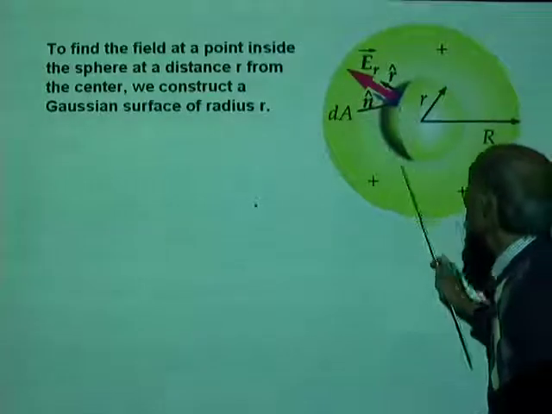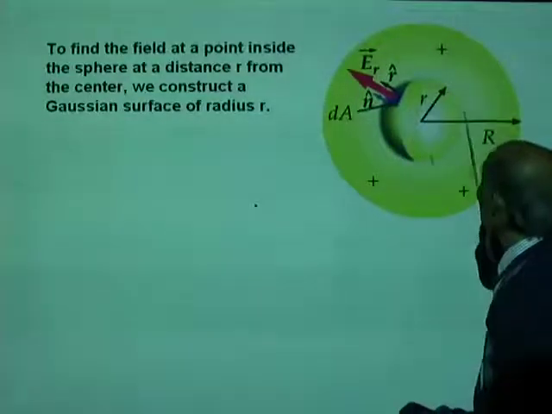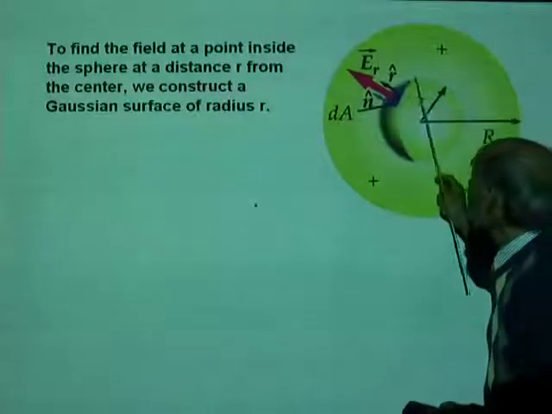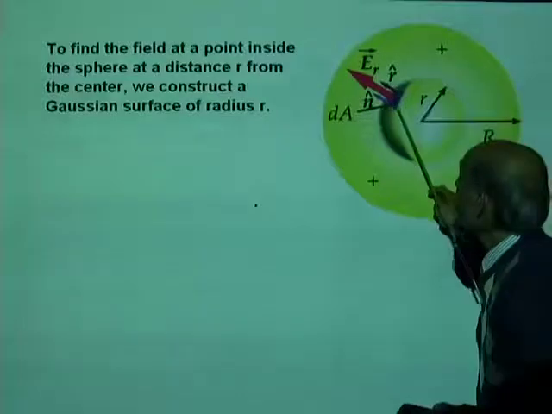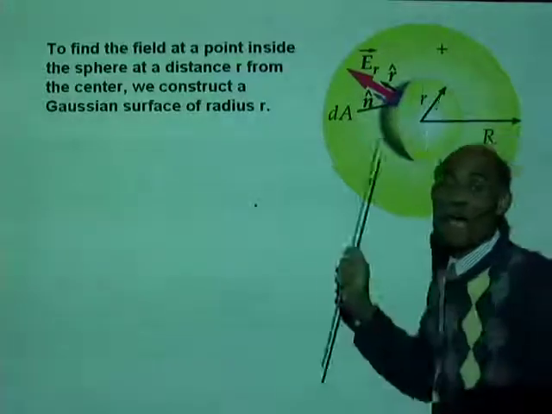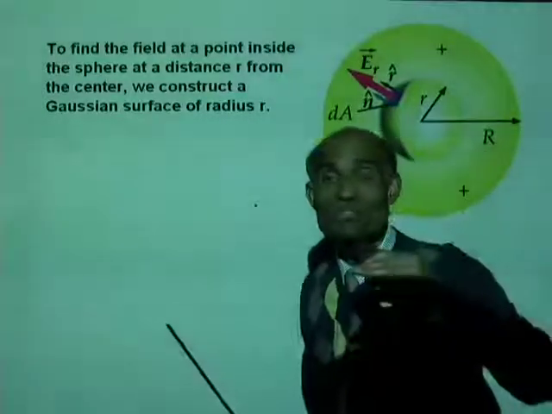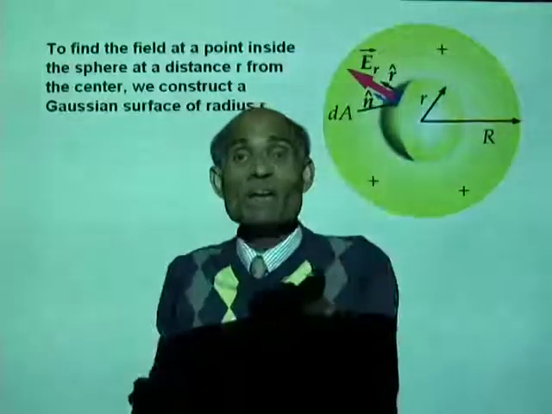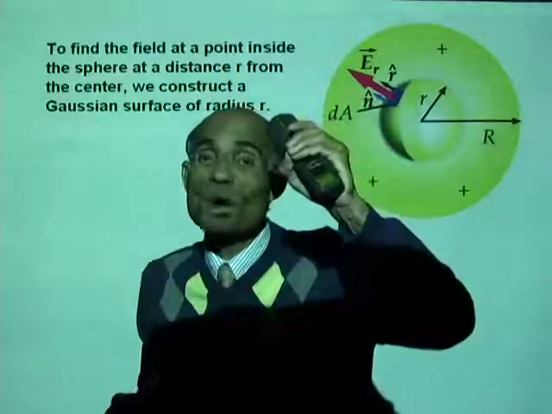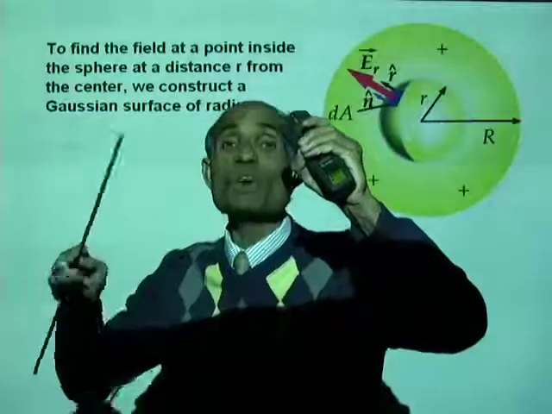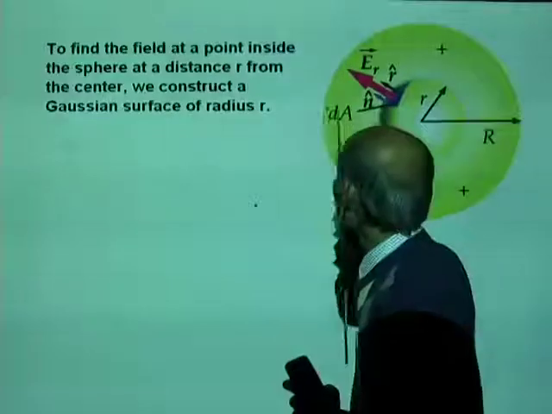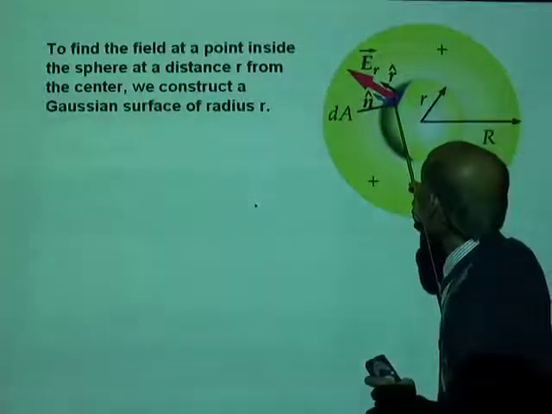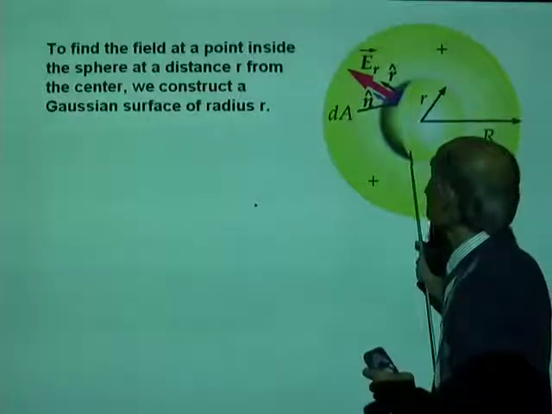We construct inside that sphere a spherical shell of radius r, and this is the Gaussian surface, and we want to find the electric field at a point on the Gaussian surface. Remember, the Gaussian surface is constructed in such a way that the point where you want to find the electric field is on the Gaussian surface. So we want to find the electric field E_r at this point on the Gaussian surface.